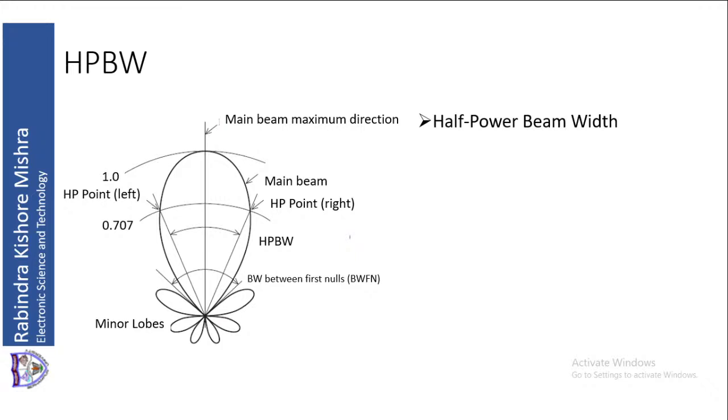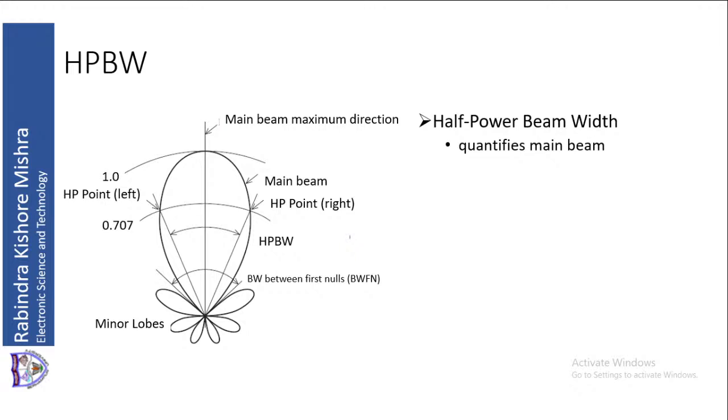If we are not drawing a normalized pattern, then whatever is the maximum pattern, multiply that with 0.707 to find the half power value. On the left hand side, we will get an angle for which power is half, or the field value is 0.707 of its value at the peak.